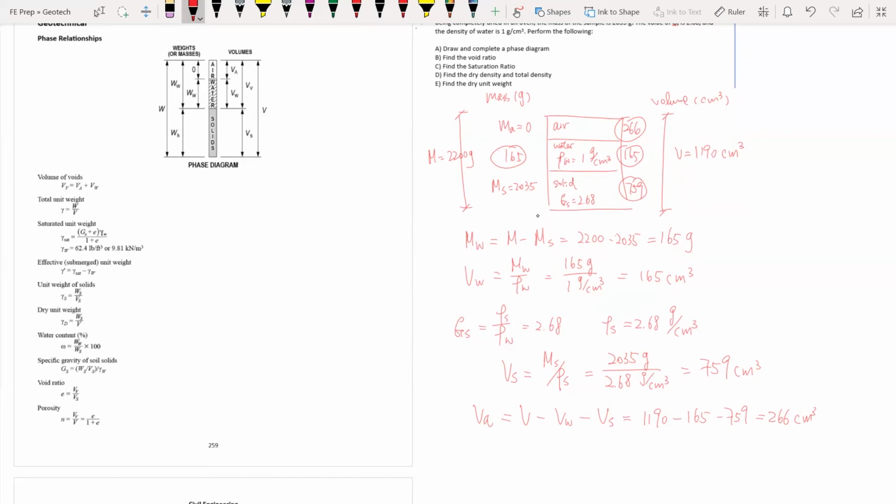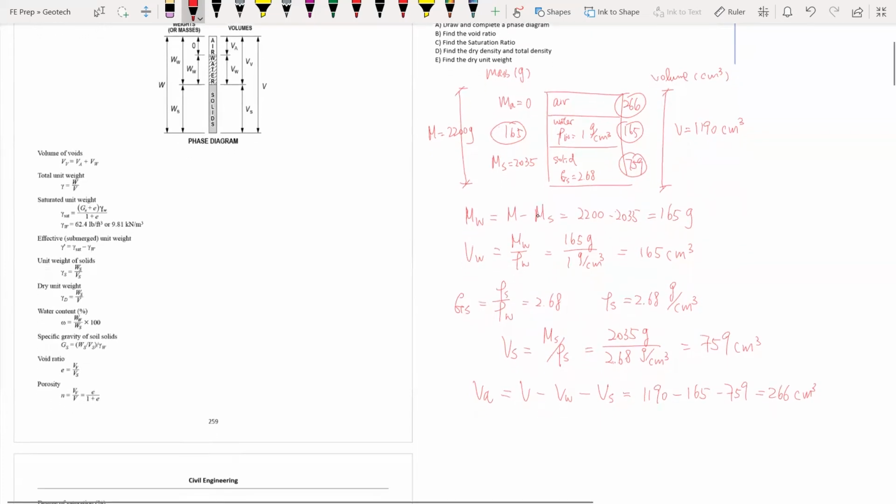Then we can start answering the questions. First, it asks the void ratio. Part B right there asks the void ratio. It will be equal to the volume of void divided by the volume of solid. The volume of void is equal to the sum of the volume of air plus the volume of water.